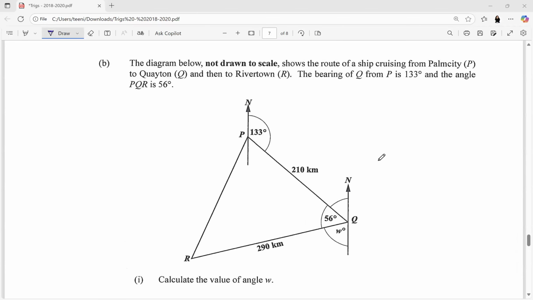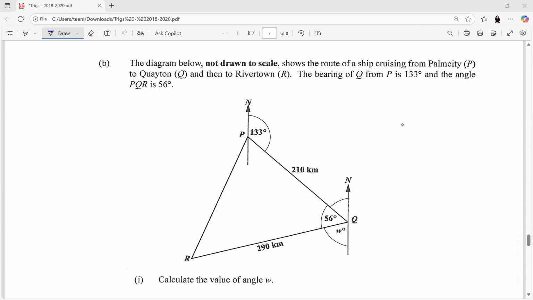All right. So again, guys, this is using the same principle that the north line at P and the north line at Q are parallel to one another, which means that these two angles between the transversal PQ and those two parallel lines are supplementary. It means they add up to 180 degrees.